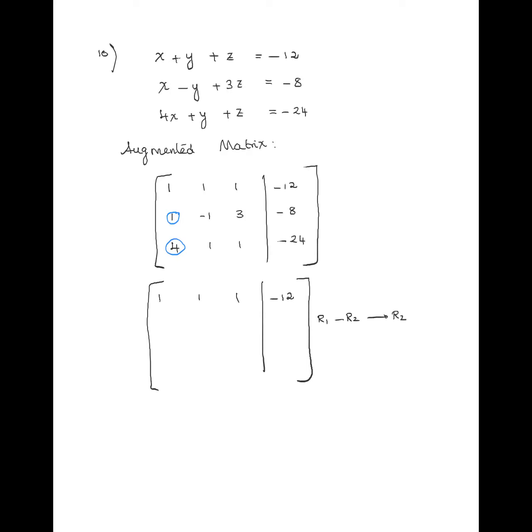So when we subtract, we get 1 minus 1 is 0. 1 minus of minus 1 is 2, then negative 2 and negative 4. And we have to make that last one 0 as well. So it's going to be 4 R1 minus R3 that goes to R3. So it's going to be 0, 3, 3, negative 24.